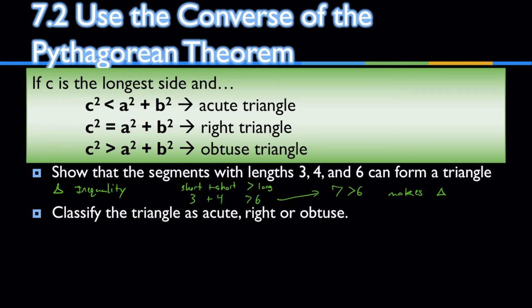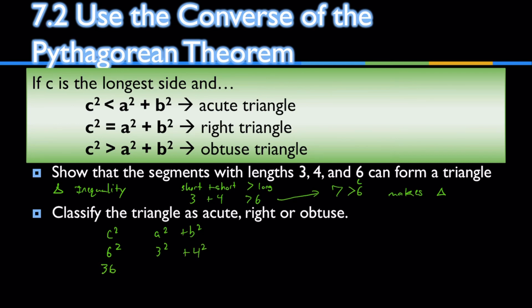Now, is that triangle acute, right, or obtuse? Well, if we compare c squared with a squared plus b squared, remember c has to be the longest, so c is the 6, and a could be 3, and b could be the 4.